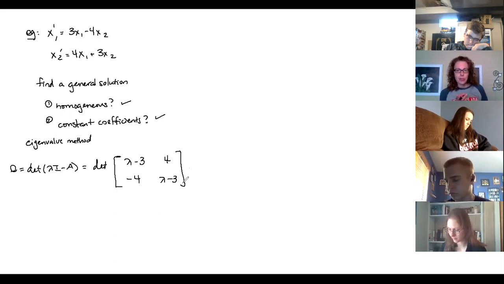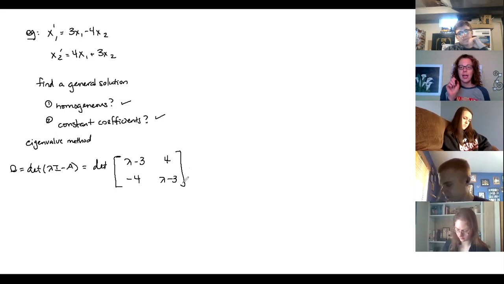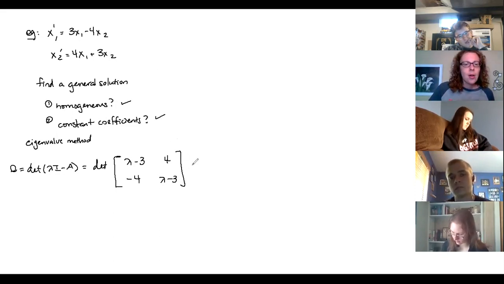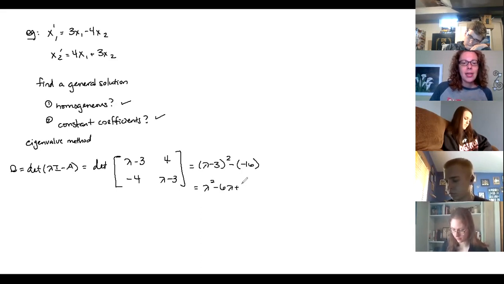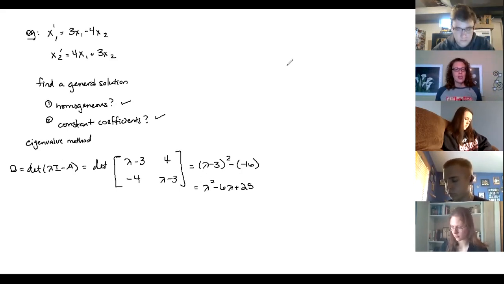If you're not sure where those are coming from, write out the previous step: lambda, 0, 0, lambda minus your matrix. Okay, so this is lambda minus 3 squared minus negative 16. And I am going to assume that you can FOIL and combine things. Lambda squared minus 6 lambda plus 25.